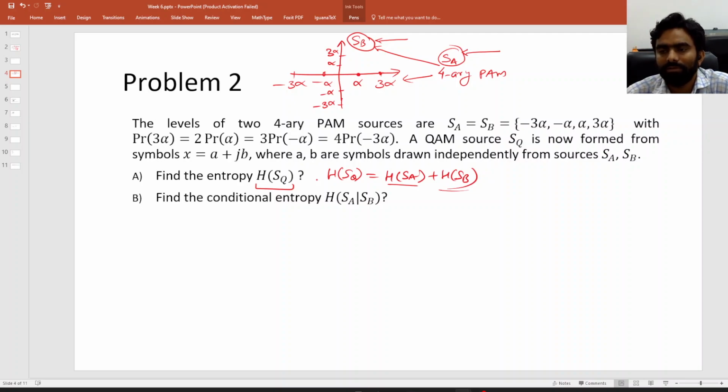Now try this one. In the previous week, we also solved this type of problem where the probabilities were given and we calculated the entropy of one source.